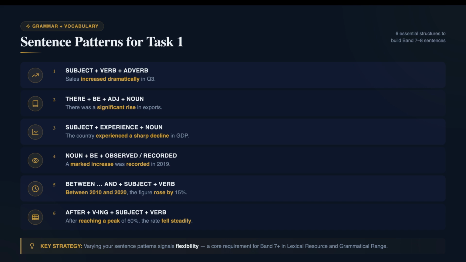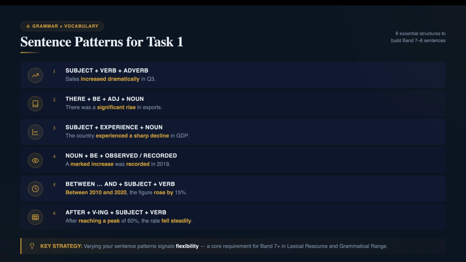Right, last but not least, sentence structure and pattern number six. We have after, followed by verb-ing, followed by subject, and followed by another verb. Let's have a look at the example. After reaching a peak of 60%, the rate fell steadily.